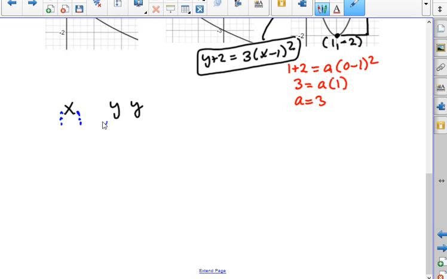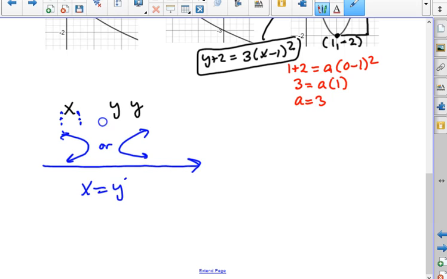So where do you think the X twin would look? Well, he would look along in the X direction. He would look this way, or he would look this way. So if we have x equals y squared, we're going to see the graph pointing in the X direction.